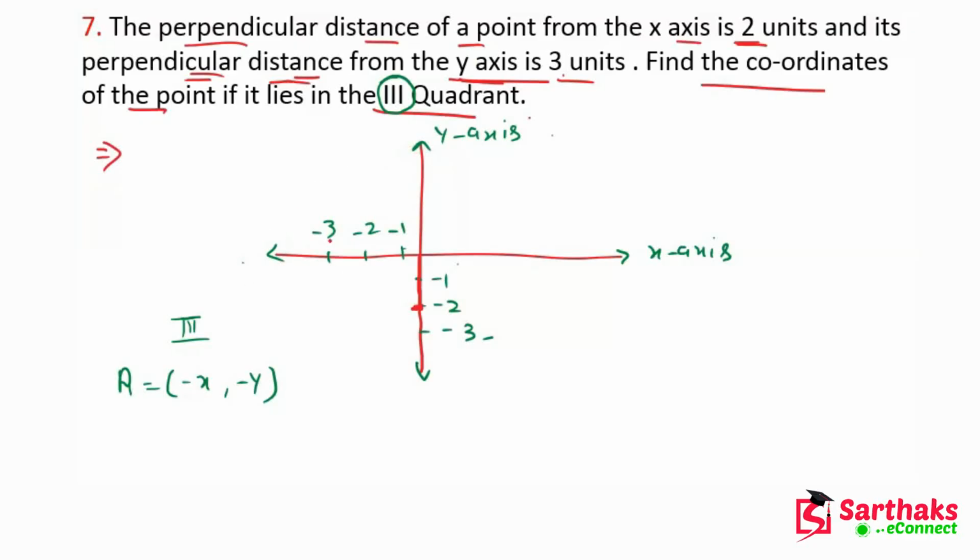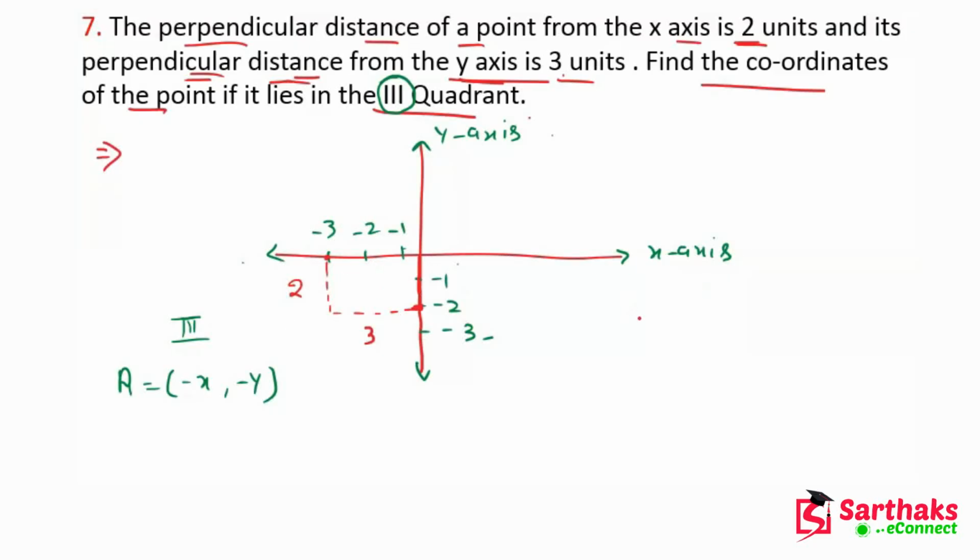So we are talking about this point. If we meet these two lines, this is a distance of 3 units and this is a distance of 2 units. These distances are always positive. Now these coordinates are negative and the distances are positive.